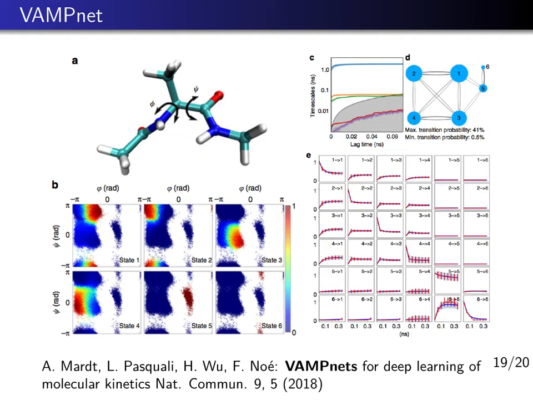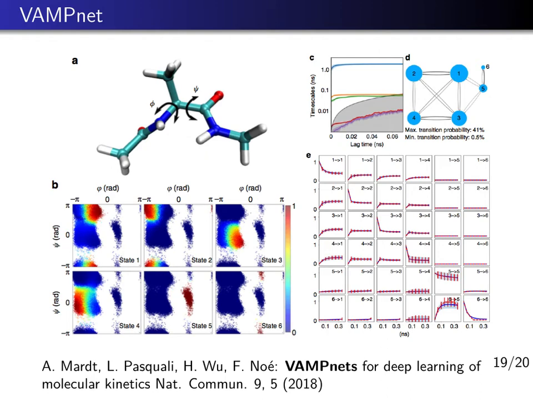And then you also have slow but less slow transitions between up and down, so in the psi space. And then you have faster transitions between the very left and the less left states of the phi variable.